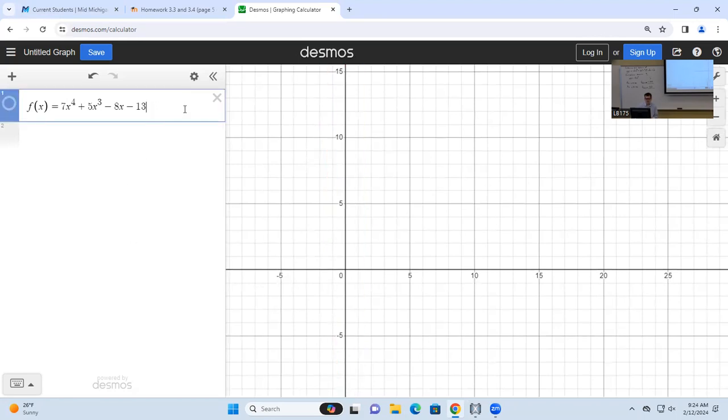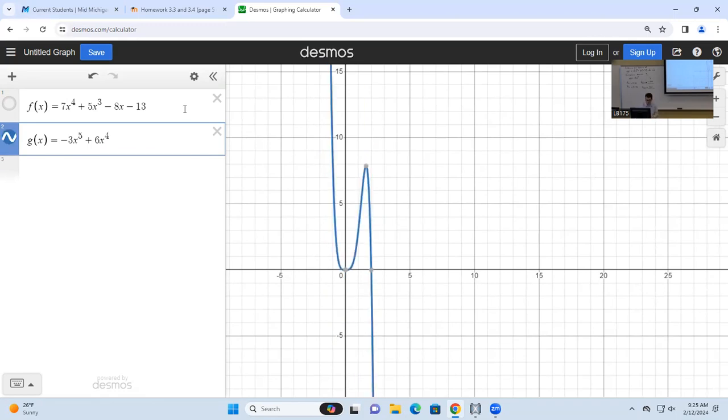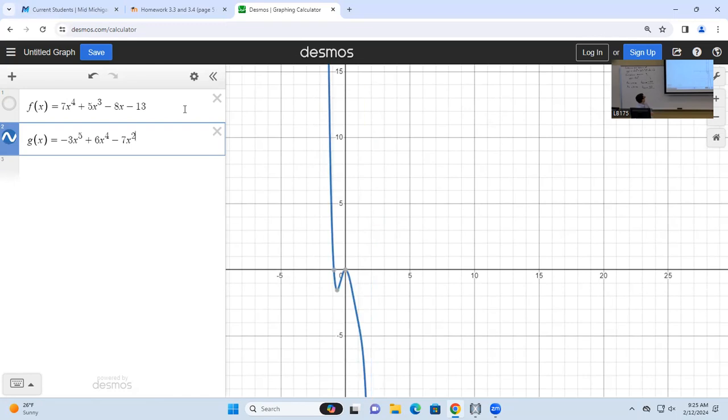And then the other, negative 3x to the fifth, plus 6x to the fourth, minus 7x squared, plus 8x minus 2.